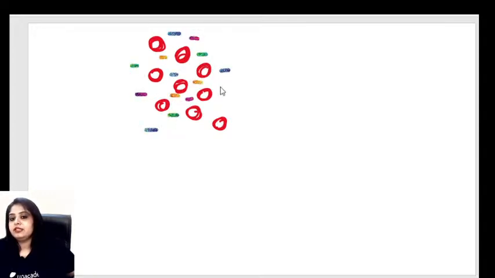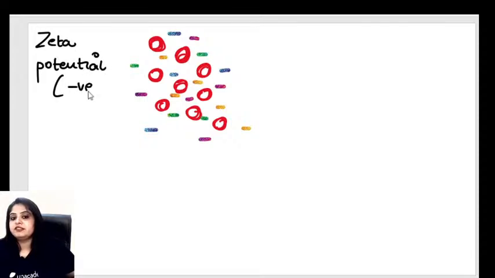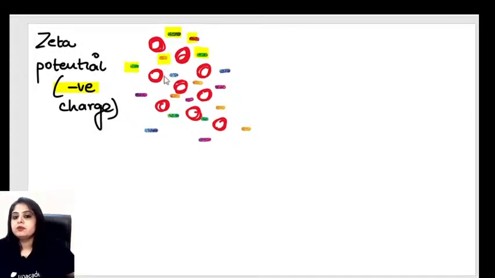And we know this negative charge is known as zeta potential. So can I say all the red blood cells which have this negative charge have something called zeta potential? That is normal, and my basic understanding from school days tells me that all same charges will repel. Since all of them are negative, they are going to repel each other, they stay away from each other.